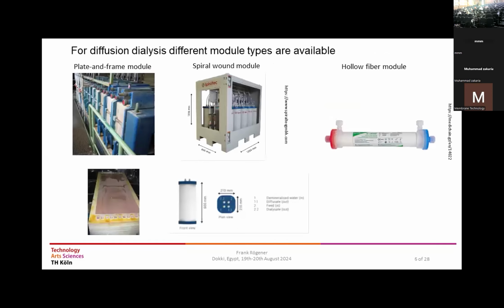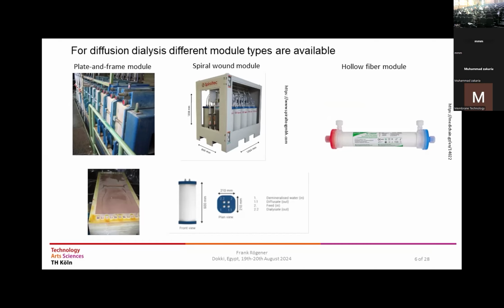For diffusion dialysis, several module types have been introduced. The most important one for this application is the plate and frame module. You can see here a multitude of these modules, and inside where the white spaces can be seen, there's a multitude of membranes packed inside this structure.